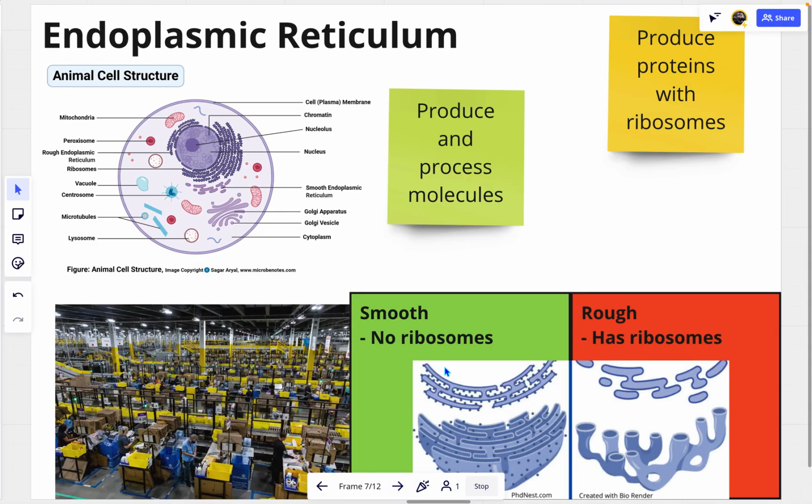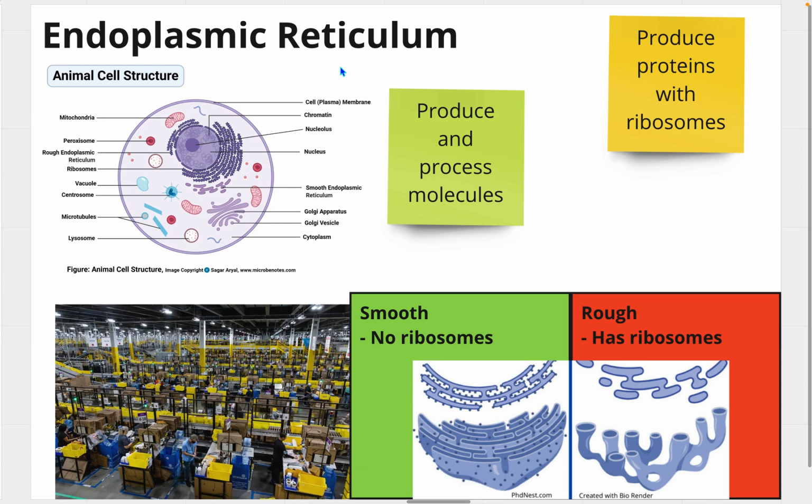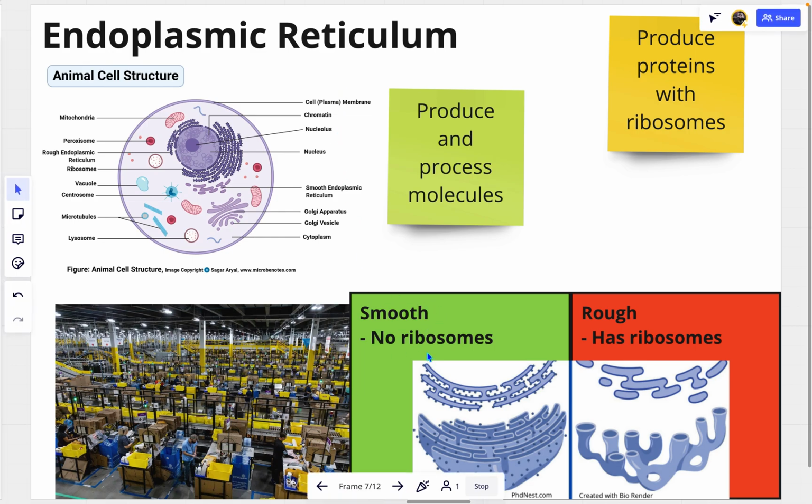So yeah, next, the fourth part I'm going to introduce to you is the endoplasmic reticulum, or the ER. I'll just call it the ER because this name is too long. There are two types of ERs: the smooth ER and the rough ER. But let's talk about what the ER is first. As I added a picture here, this is a warehouse.